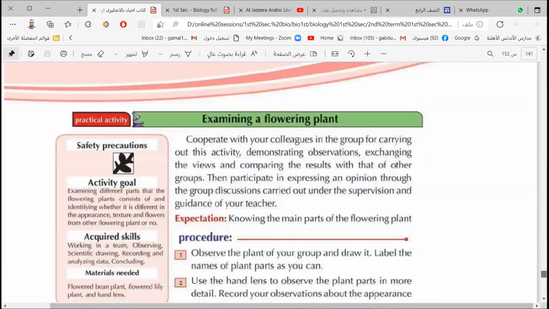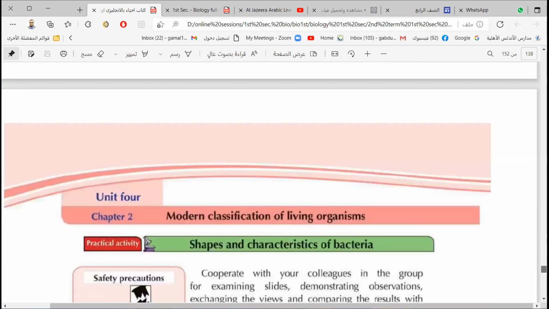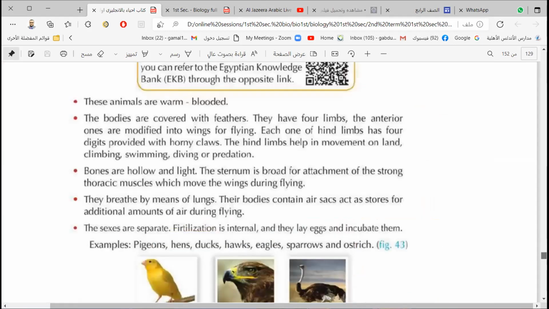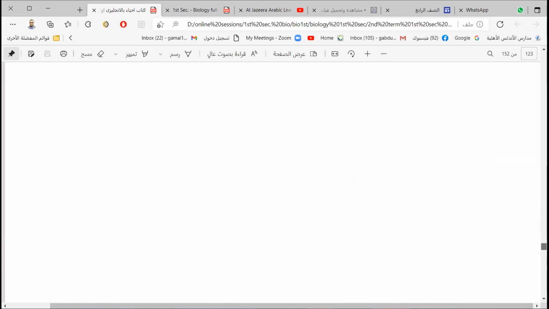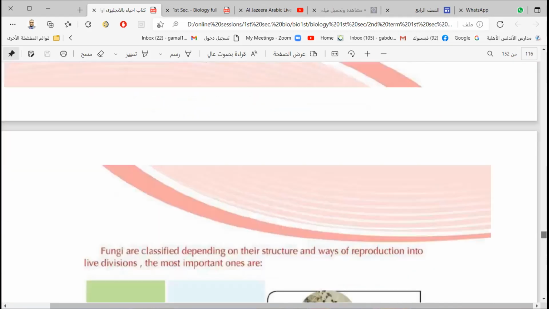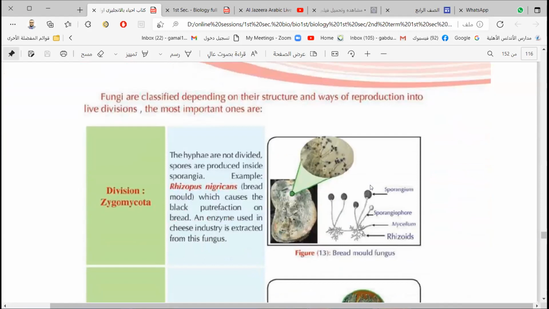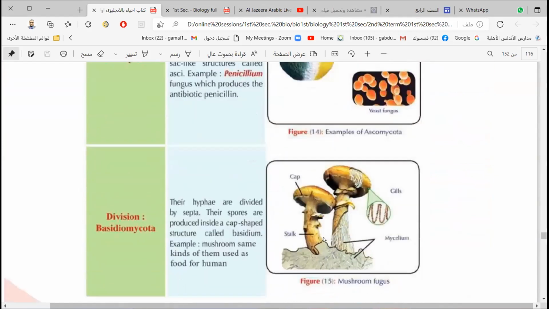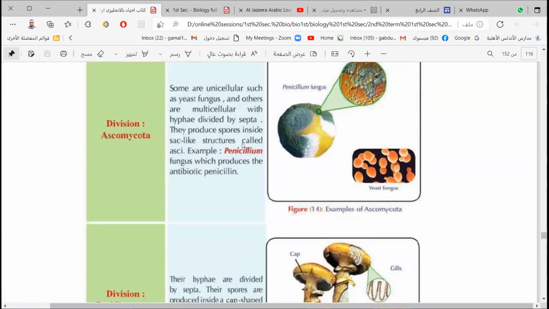We have zygomycota, such as the bread mold fungus. Basidiomycota, such as the mushroom, which has a club-shaped structure called basidium. And we have also ascomycota, such as penicillium and yeast.